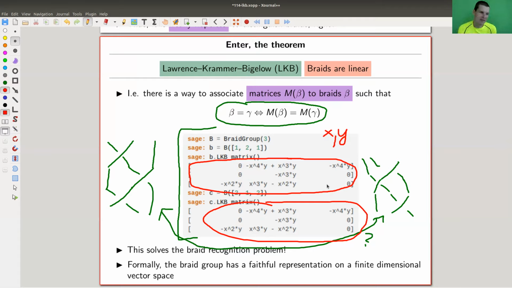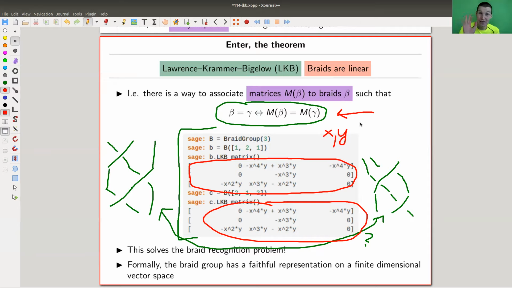It's really, really fantastic. If you know that language, essentially what this is, is that the braid group has a faithful representation on a finite dimensional vector space. So a finite dimensional vector space is just a finite dimensional vector space, whatever your ground field is. And faithful representation means exactly what is written here. You can distinguish braids by looking at the matrices.